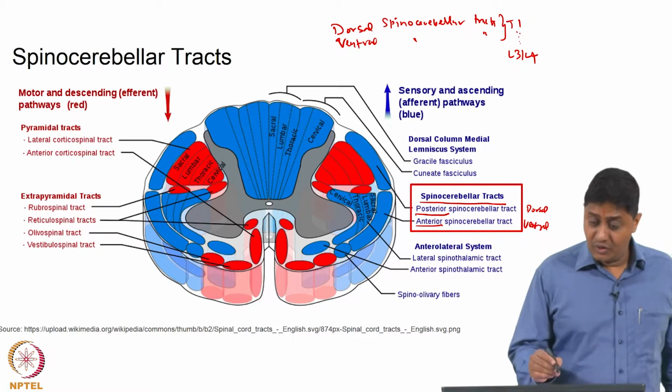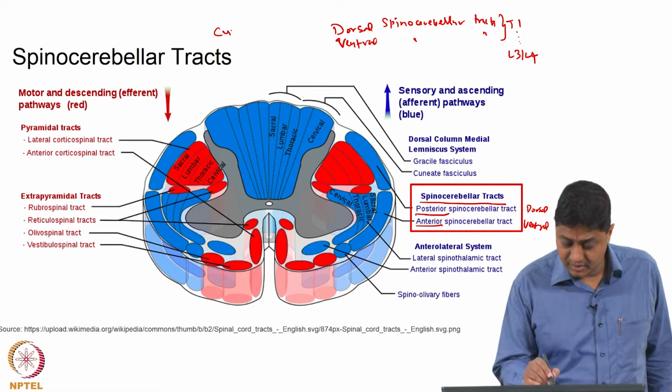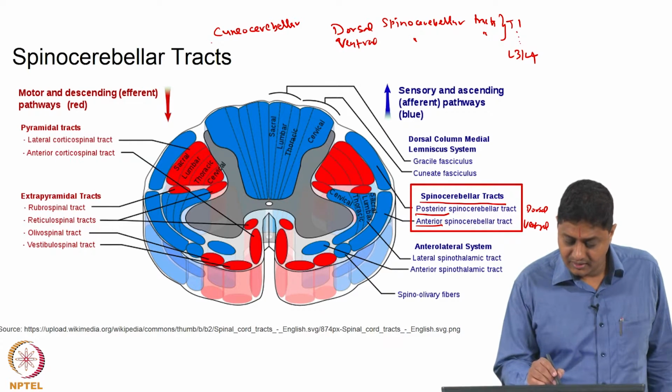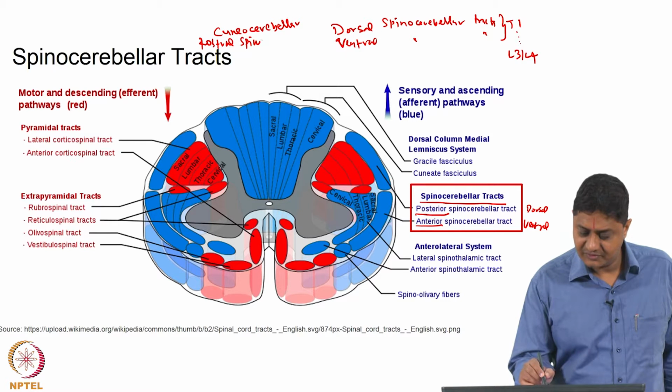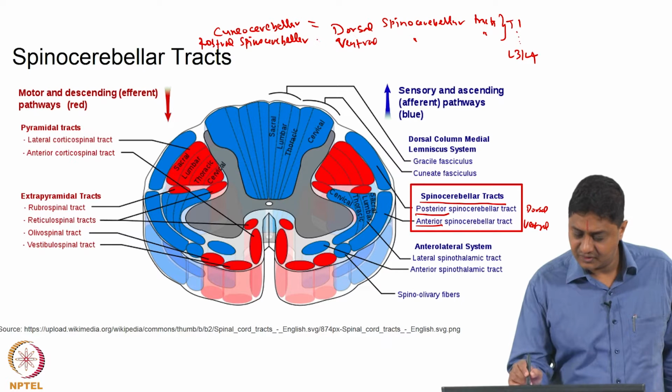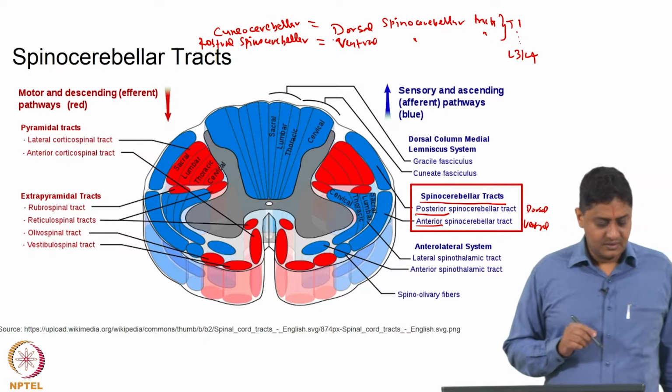Those are brought by the cuneocerebellar pathway and the rostral spinocerebellar pathway. They are analogues; these two are equivalent and these two are equivalent.